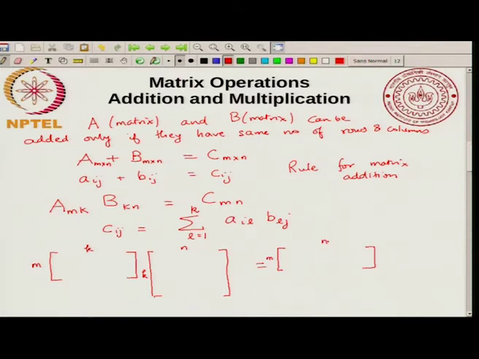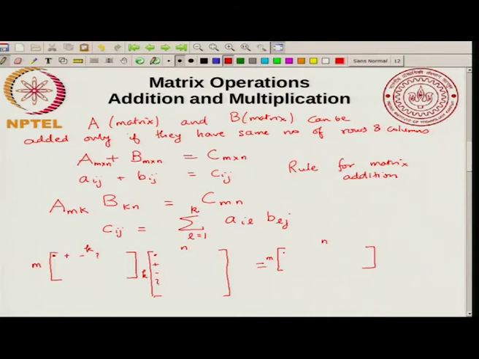The way you get it is you take the elements of the row and multiply them by the elements of the column. Suppose I want to find the first element of this matrix. Then I have to take the elements of the first row and the first column and multiply. First I multiply these two, then these two, then these two, and I go on and on.